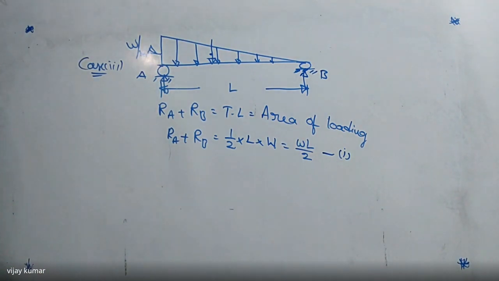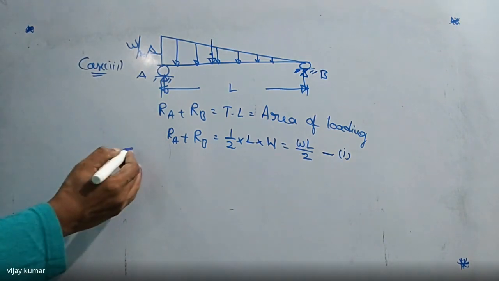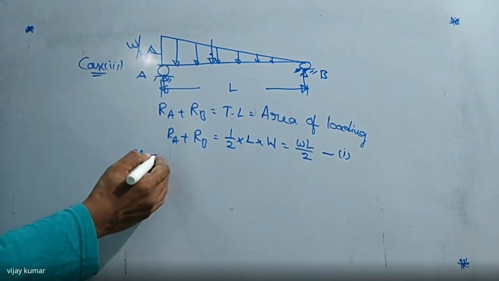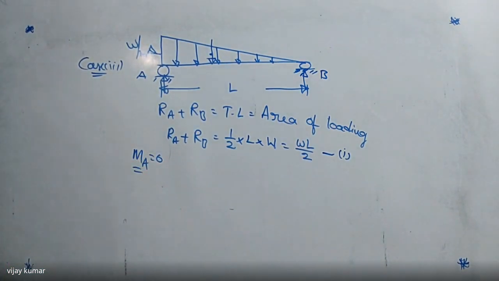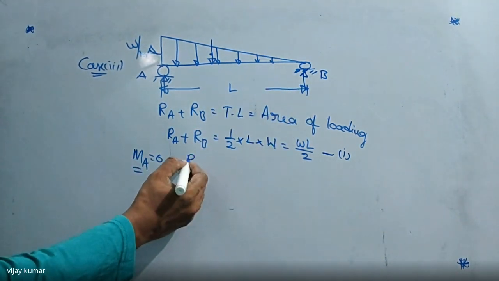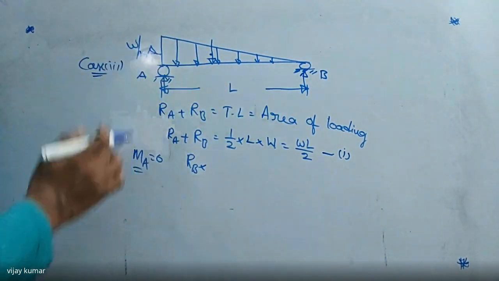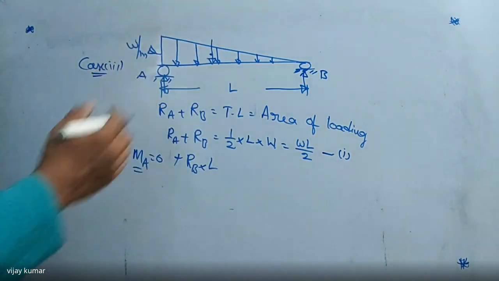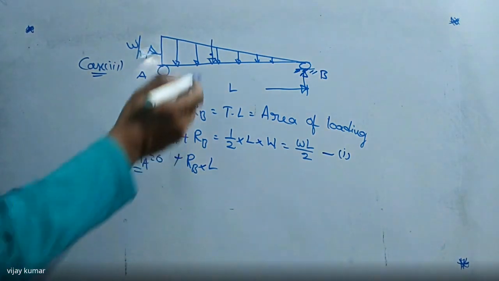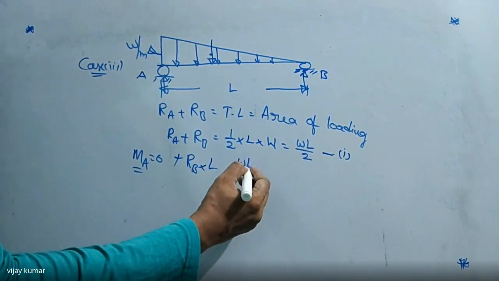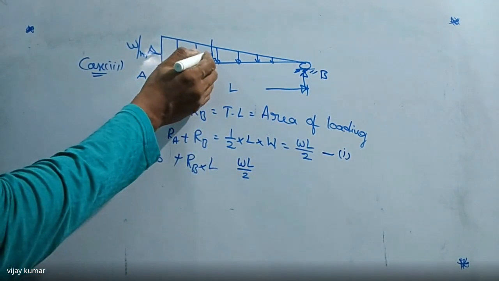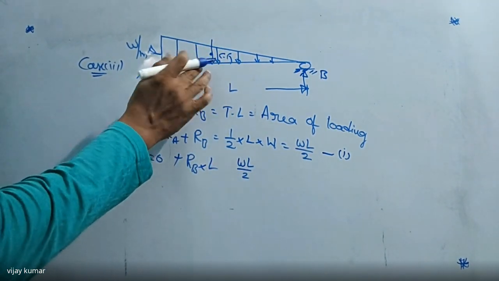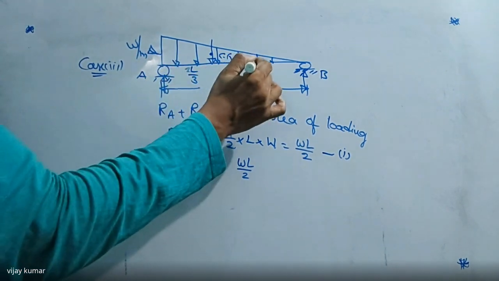Now I'm going to find the second equation, also in terms of RA and RB, by taking the moment at any point as 0. So I'm taking moment about point A equal to 0. Then I write RB into the total length L, which is positive because that force acts in the upward direction. The next one: the total load is WL by 2, passing through the center of gravity, and this distance is L by 3 (the other distance is 2L by 3).